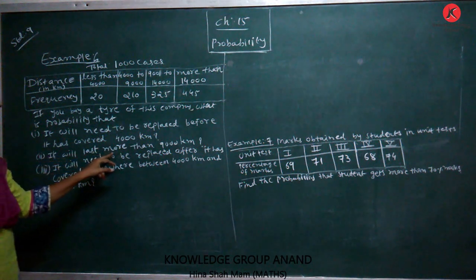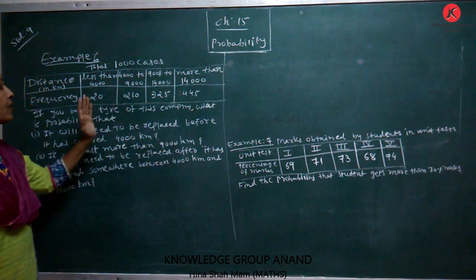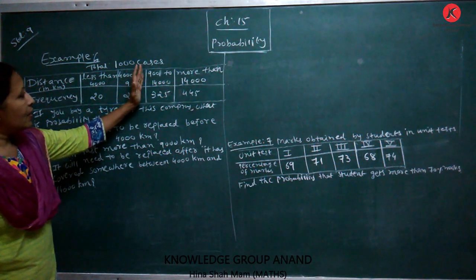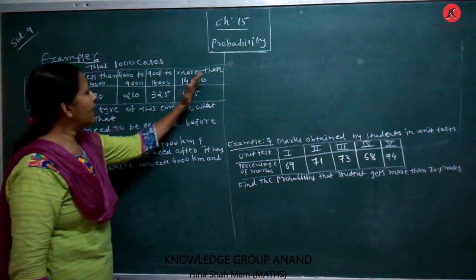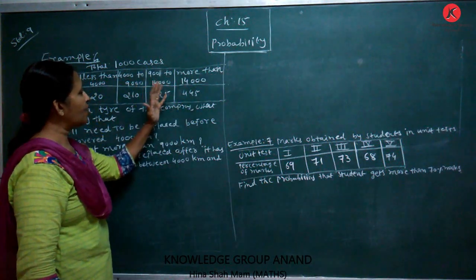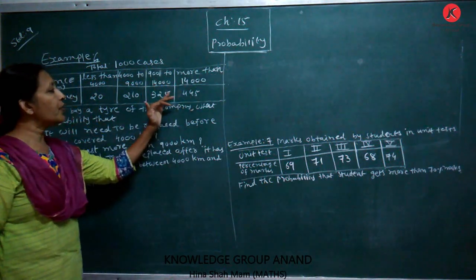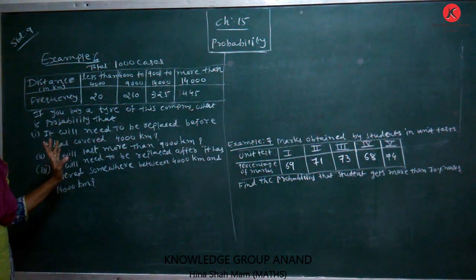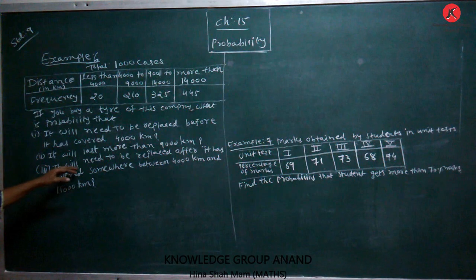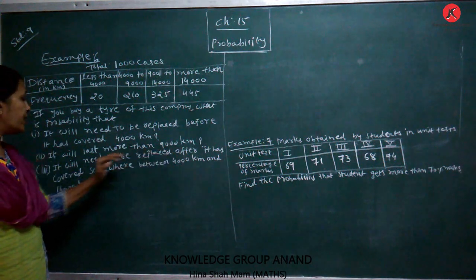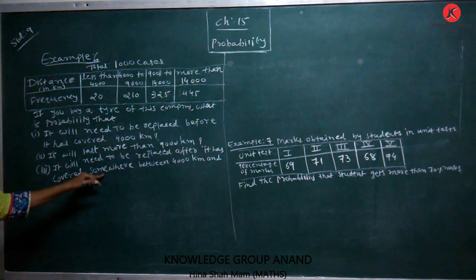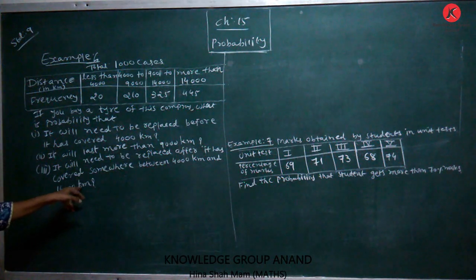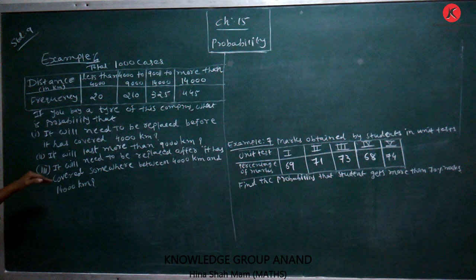It will last more than 9000 km. Here up to 9000 km, from here more than 9000 km, 325 plus 445, 770. And it will need to be replaced after it has covered somewhere between 4000 km and 14,000 km.